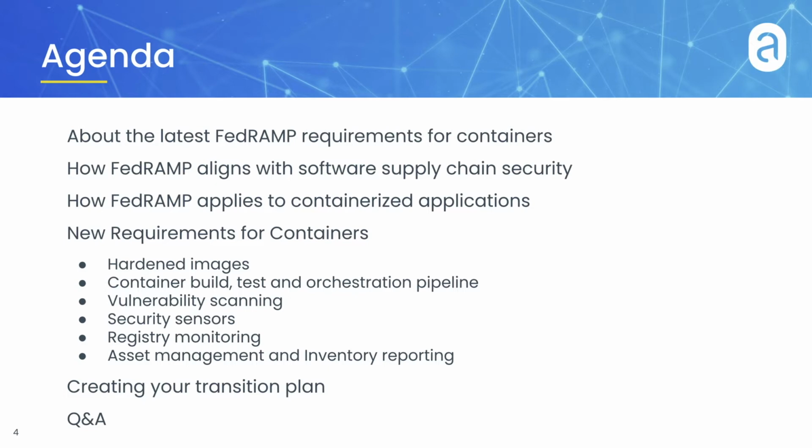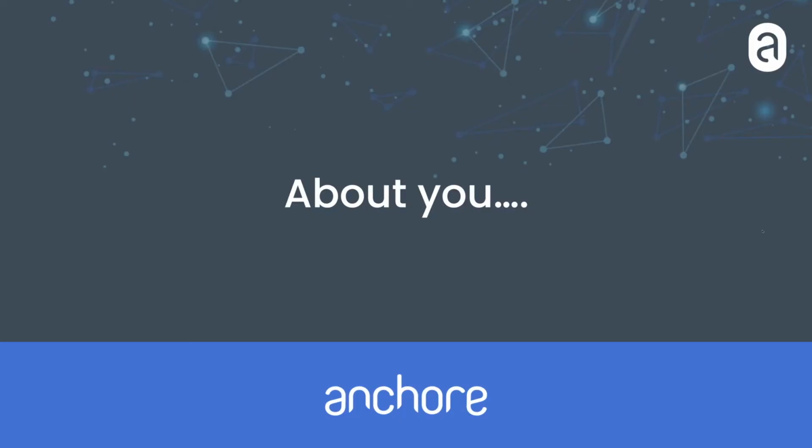So we're going to be talking both about how you take into account the existing FedRamp controls for containerized applications, and what you need to watch out for in these new requirements. We'll give you a deeper dive and a little bit of advice on how to handle them, and then talk a little bit about your transition plan.